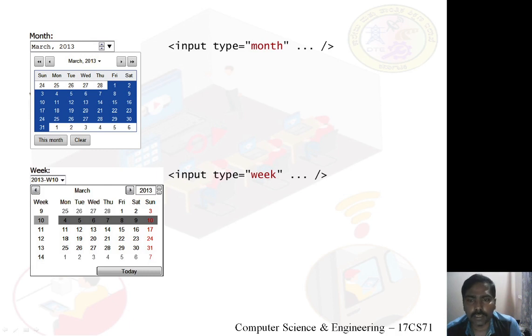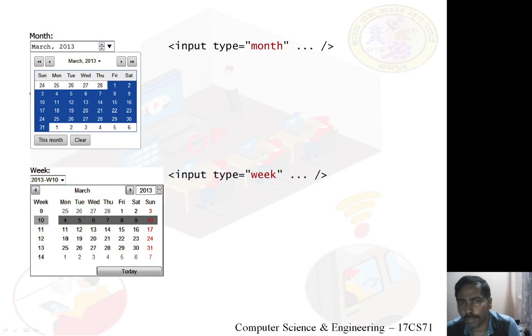So I think now we are clear with the controls we have discussed, right? We had a discussion about date and about time. Suppose we want an input field that accepts a date, we need to make use of type date. If I want an input field to accept time, we need to make use of type time.